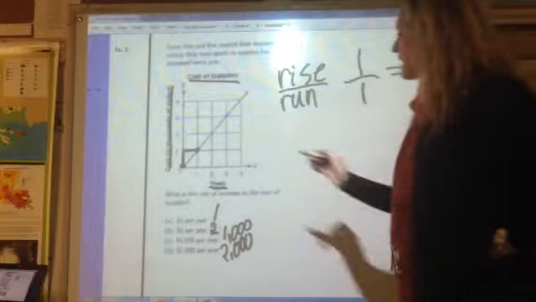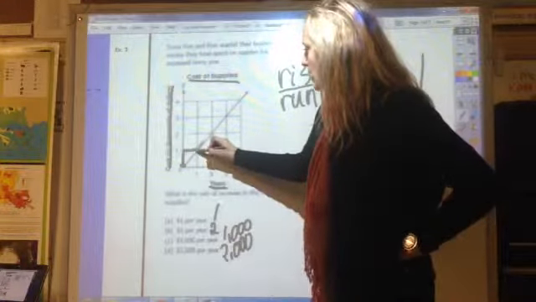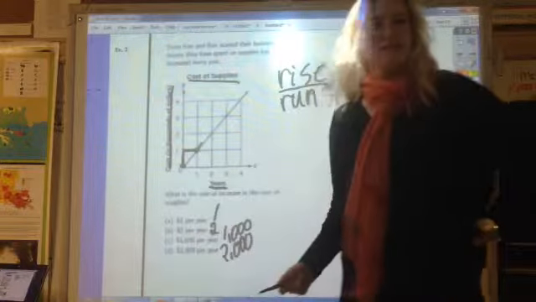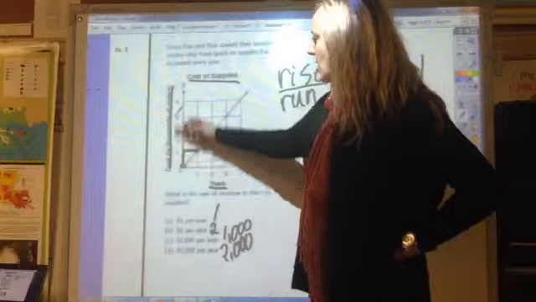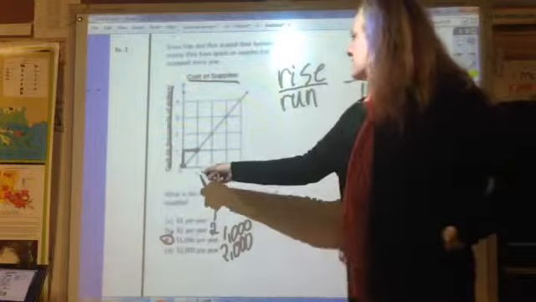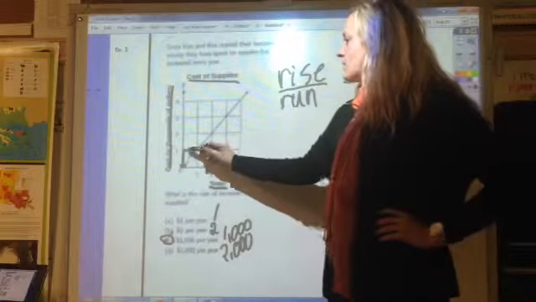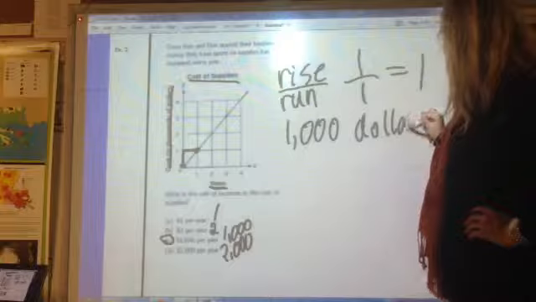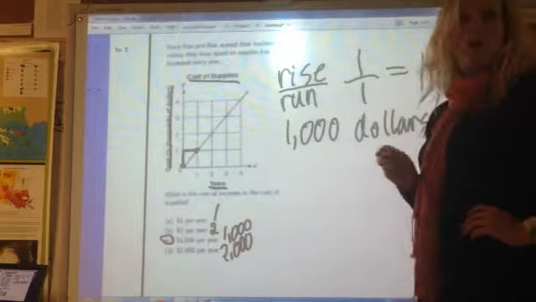Where x is 1, y is also 1, which makes sense. But 1 is actually represented by 1,000, because remember, the y-axis is representing costs in thousands of dollars. So my answer choice is C. For the first year, my cost of supplies will be $1,000. Make very sure that you pay attention to your units on your graph.